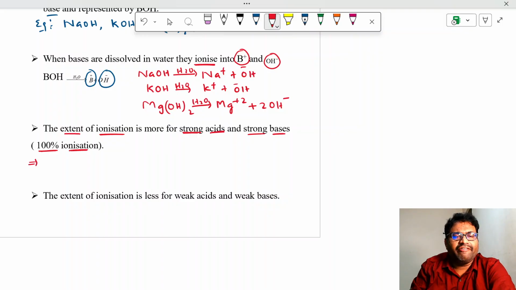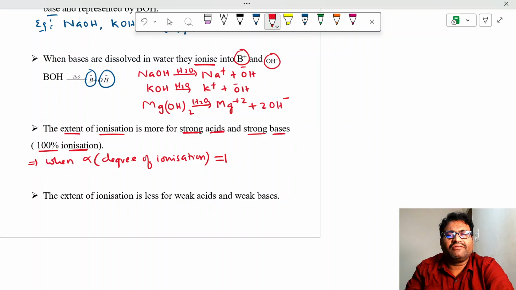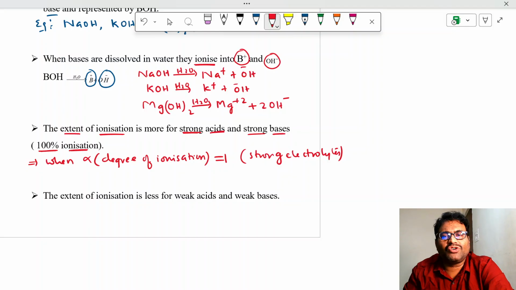What is alpha? It is also called the extent of ionization or degree of ionization. When it is equal to 1, then they are strong electrolytes. That means strong acids and strong bases.